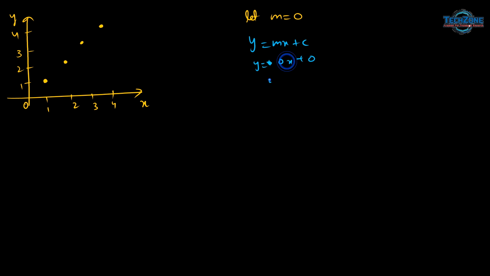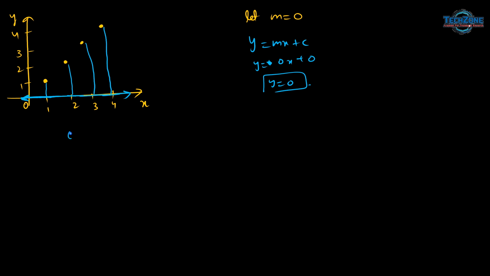So y will be equal to 0. That means we'll actually have a line which is on the x-axis. Let us go ahead and find the errors now. These are the errors, right?